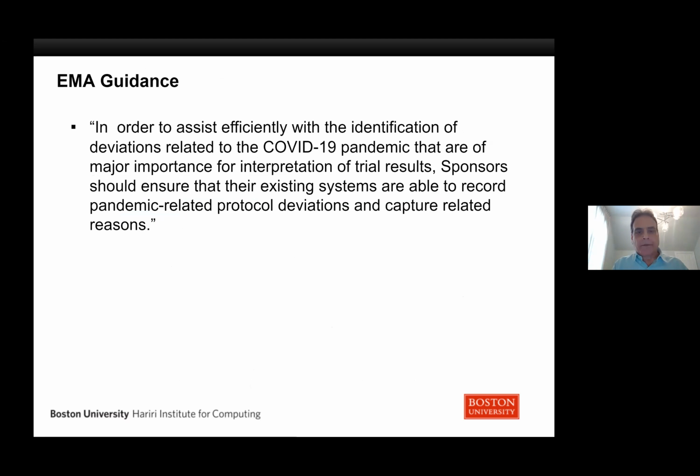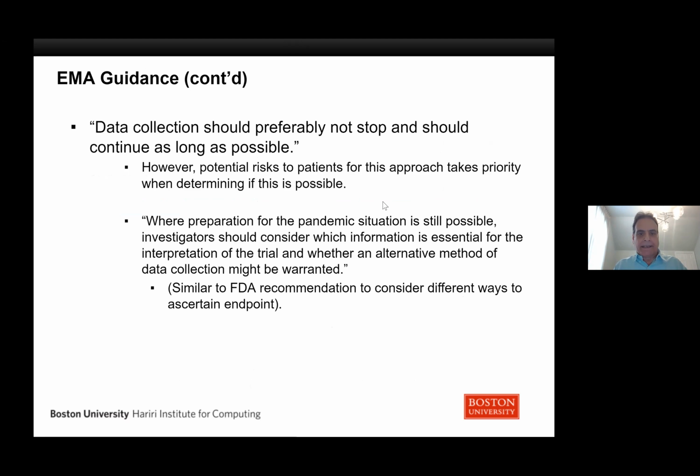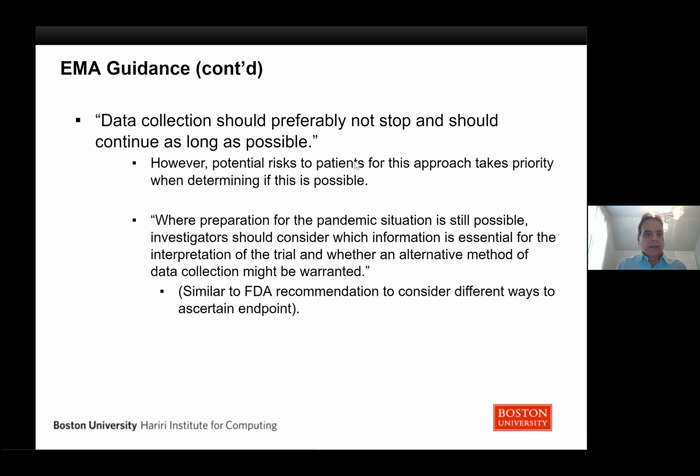Sponsors should ensure that their existing systems are able to record protocol deviations and capture related reasons for those deviations. Data collection should not stop and should continue as long as possible, taking patients' risk, of course, into account. And again, consider alternative methods of data collection. So some of the FDA guidance and the EMA guidance share similar thoughts.